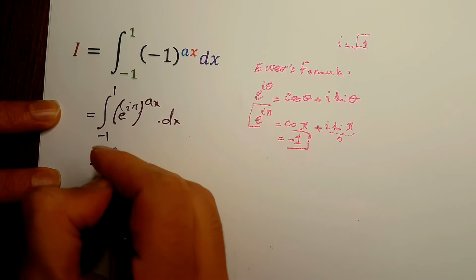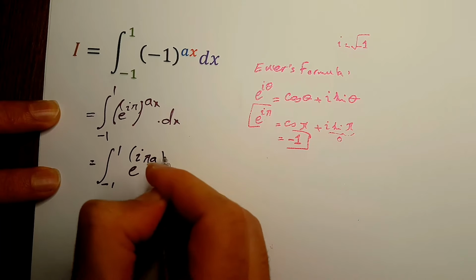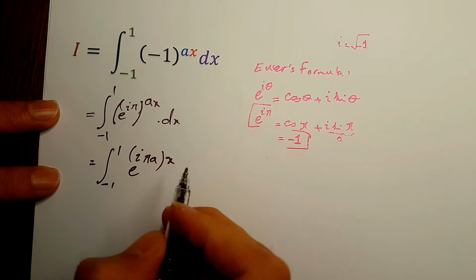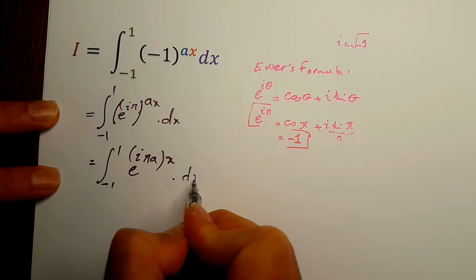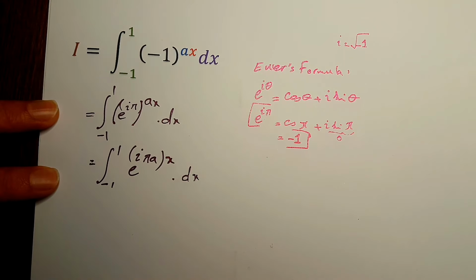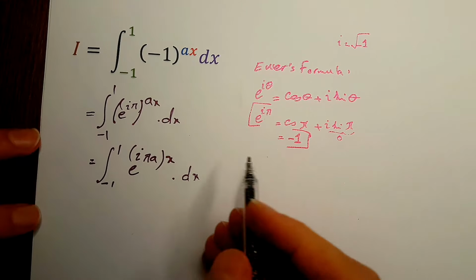We'll have the integral from minus 1 to 1 of e to the power of i pi a x, where I put all the constants in the parentheses, times dx, because the integral is based on the dx. From here, this is a super easy integral.